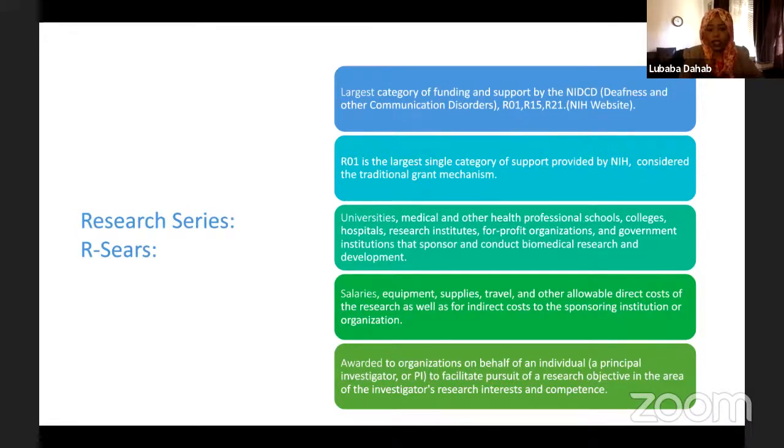Usually this R01 is awarded to the organization on behalf of the principal investigator. For a program or research that is held by the NIH, this grant will be provided to a specific institution to further pursue this research for the assigned investigator. So it's just like an extension for research that is already ongoing.